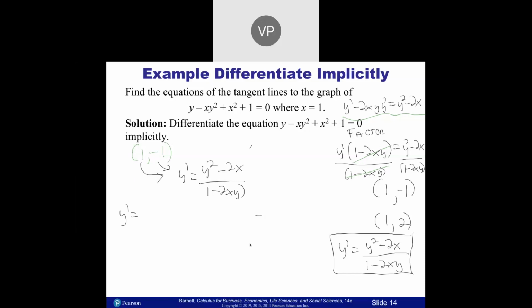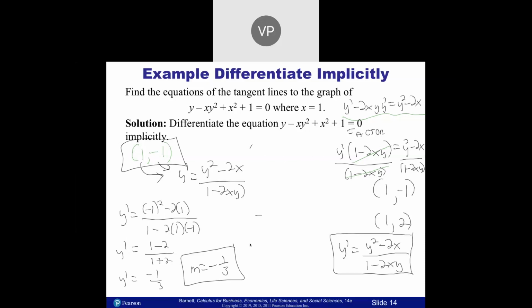And you see I get a negative 1 squared minus 2 times 1 all over 1 minus 2 times x times y. So that's a 1 times a negative 1. And now we are close to getting our y prime. I have a 1 minus 2 over a 1 plus 2. Looks like I get y prime equals negative 1 over 3. That is the slope that goes with this point right here.